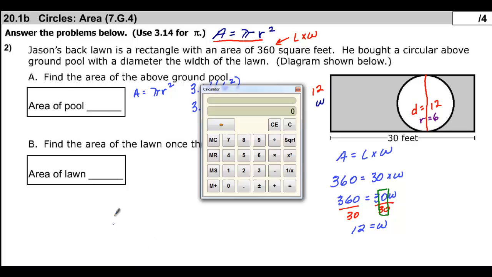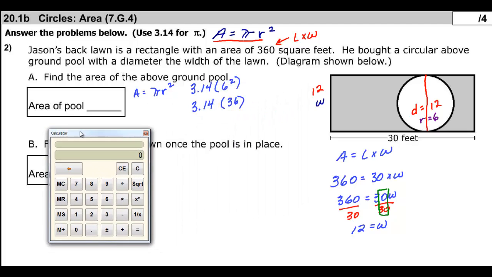Let me grab my calculator here. Remember, we're using the tools that we're given. So we have 3.14 times 36 gives us 113.04. This is all in feet, so that would be square feet.